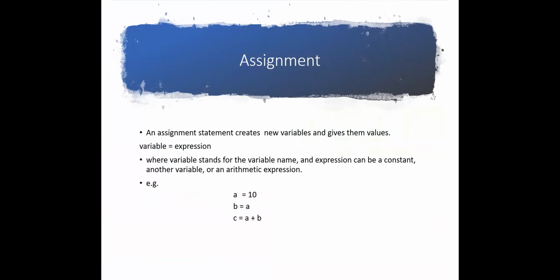Especially when you want to hold data in memory, the data will be stored in memory, and usually we can give it an identifier or place. For example, when you say a equals 10 in Python, in random access memory, it will allocate some space for A, similar to B and C as well.